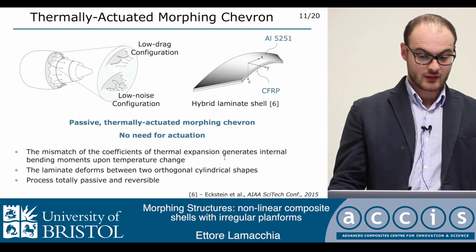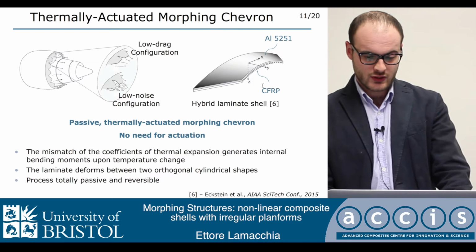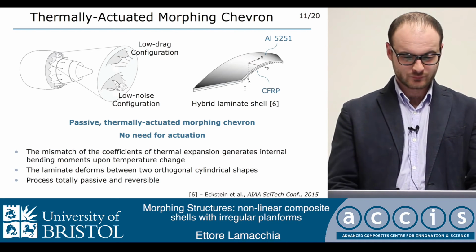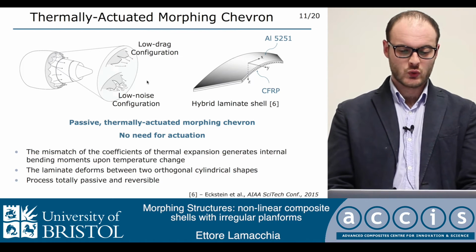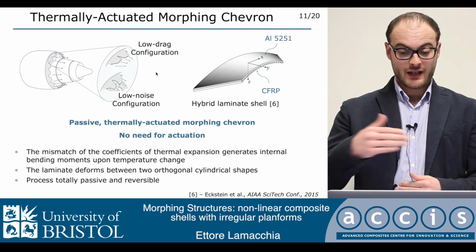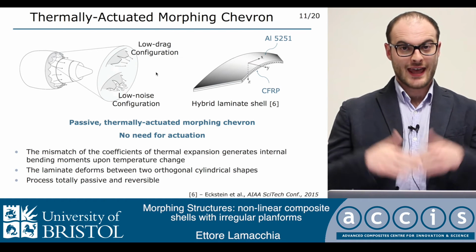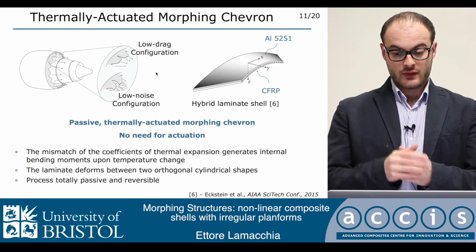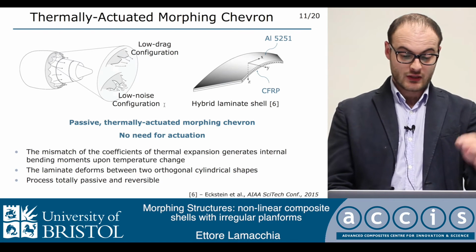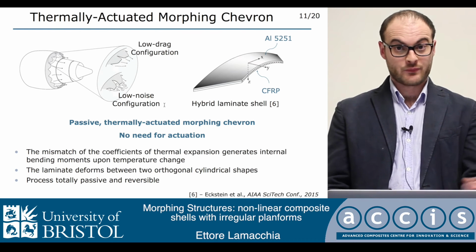This is a concept proposed by Eric Exton recently, and it consists of a hybrid aluminum carbon fiber chevron, which morphs between two configurations, the low noise configuration and the low drag configuration, by exploiting the mismatch in thermal expansion coefficients of the two materials and the thermal field of the jet exhaust nozzle flux.